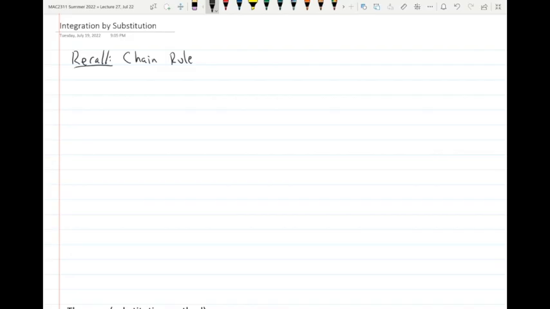So remember, what does the chain rule say? Suppose that we have a function, let y be a function of some variable u, and then u is a function of x. That means you can think of y as a function of x itself by just replacing u by g. So you look at the composition.